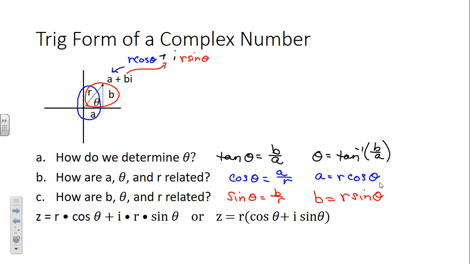So r cosine theta plus i r sine theta. Okay, what do they have in common? r. So if we factor that out, the trig form of our complex number is r times cosine of theta plus i sine theta. So far, so good? This is going to help us do some heavy lifting of mathematics easily. Okay, so far so good?